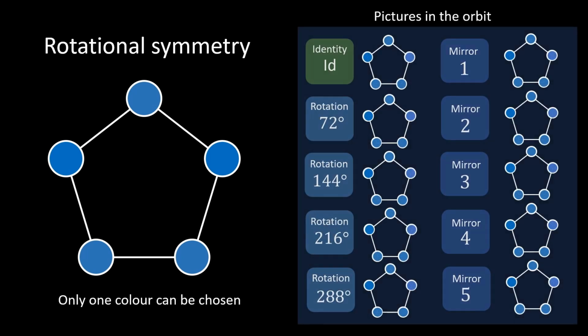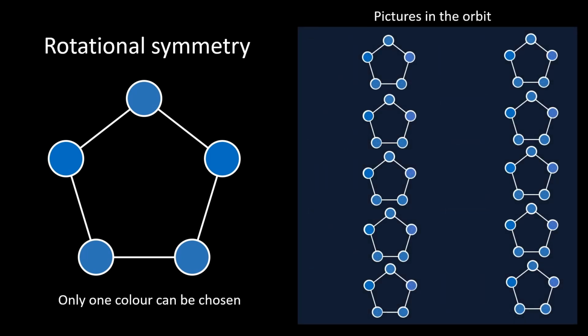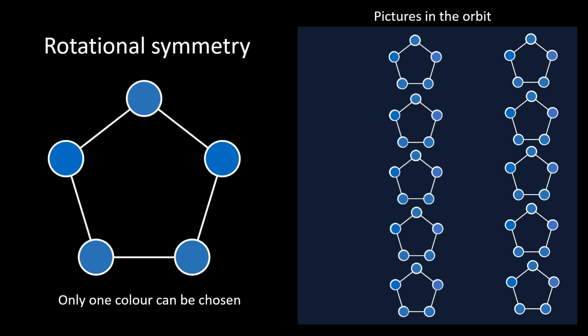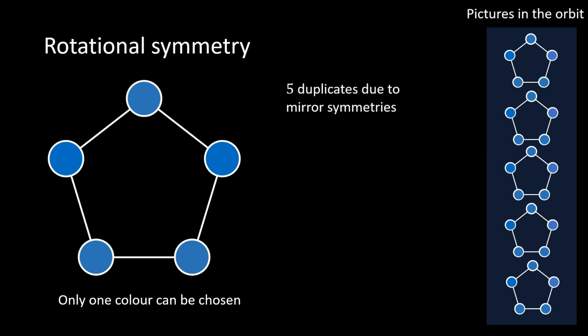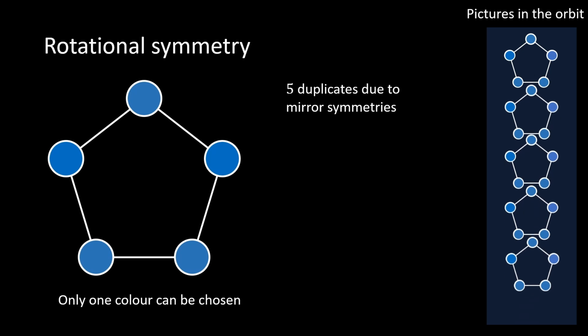The orbit of such a necklace gives only one unique coloring, but we have that 5 of the duplicate pictures are produced by mirror symmetries, and 4 of the duplicate pictures are produced by only rotations.